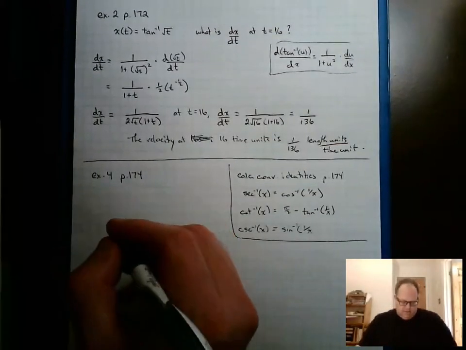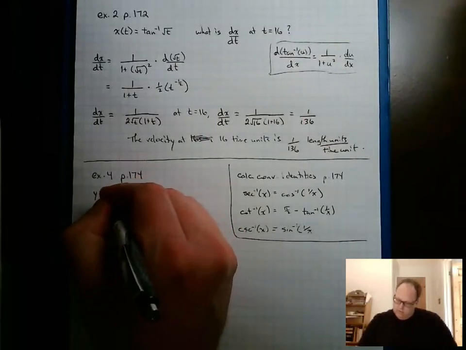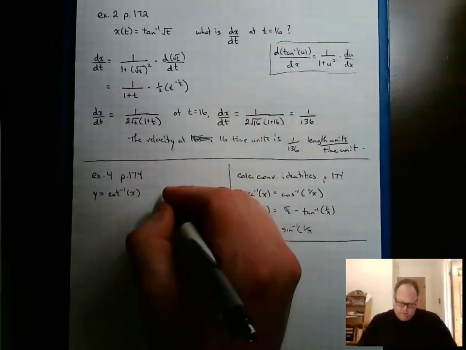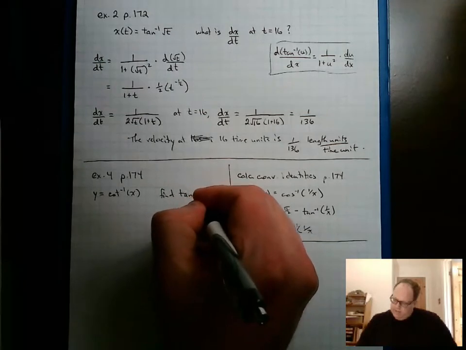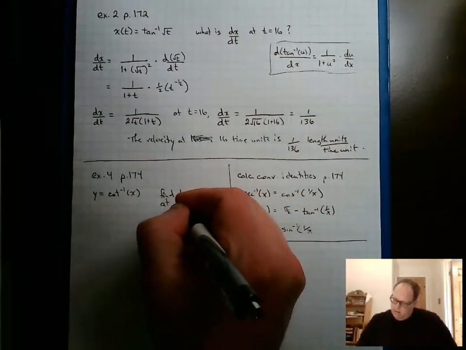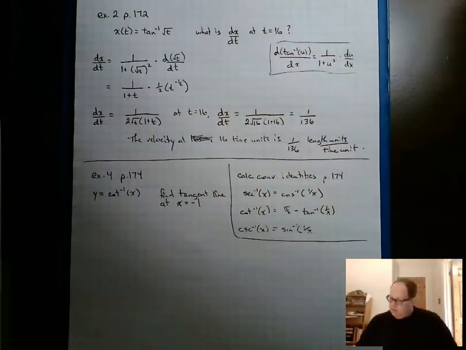We are asked to find the equation for the line tangent to y equals inverse cotangent of x at x equals negative 1. Find tangent line at x equals negative 1. So, first we're going to need to find the point of tangency, and that's where that calculator identity is going to come in handy.